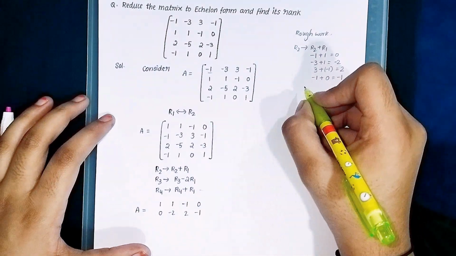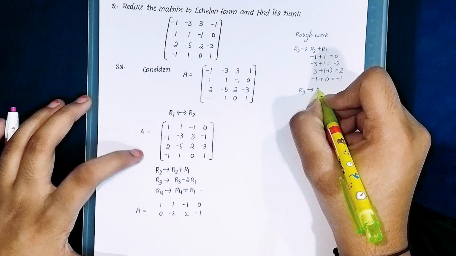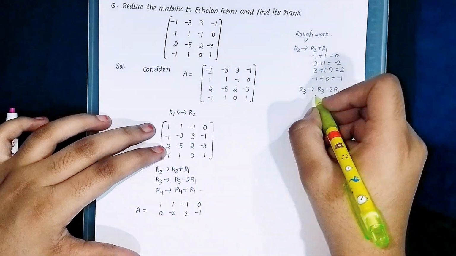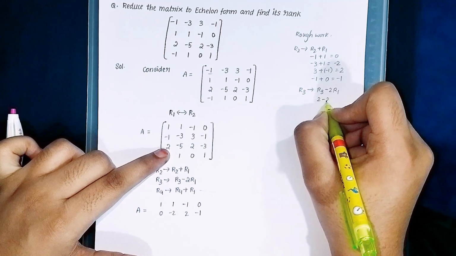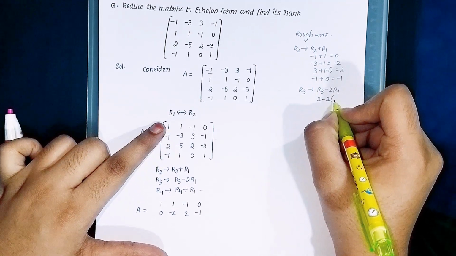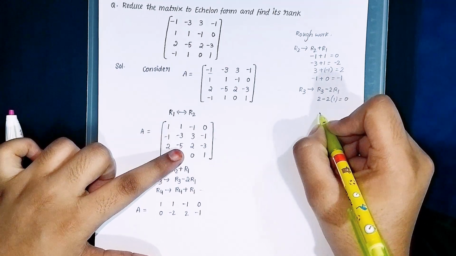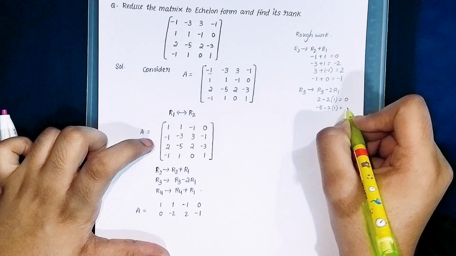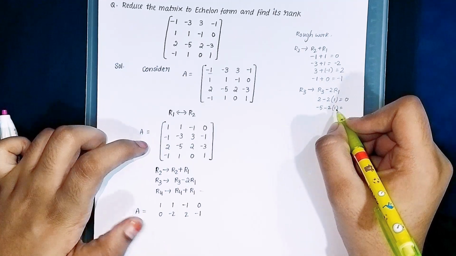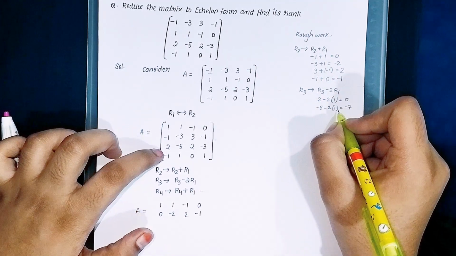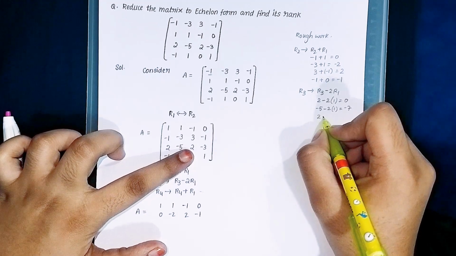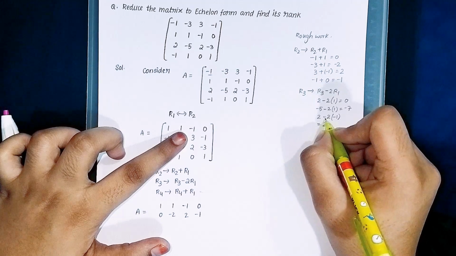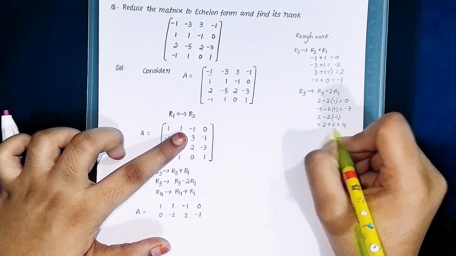Next, R3 tends to R3 minus 2R1. Again, the same procedure. Write the row 3 number 2 minus 2 into 1. So here it will become 0. Next minus 5 minus 2 times 1 will be minus 7. Then we have 2 minus 2 times minus 1, which will be 2 plus 2, nothing but 4, since minus into minus is plus.